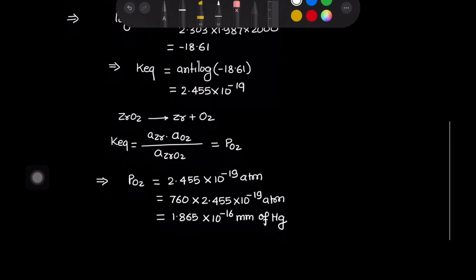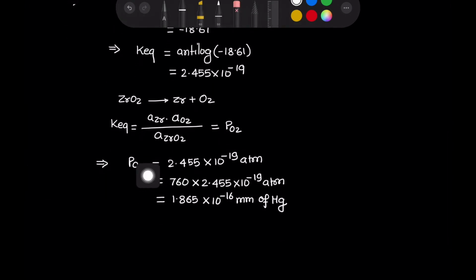This is the equilibrium partial pressure of oxygen when zirconium and oxygen are at equilibrium. Now we also have to see whether this reaction is feasible when the external pressure is 10 raised to minus 5 mm of Hg, that is the vacuum that has been created.